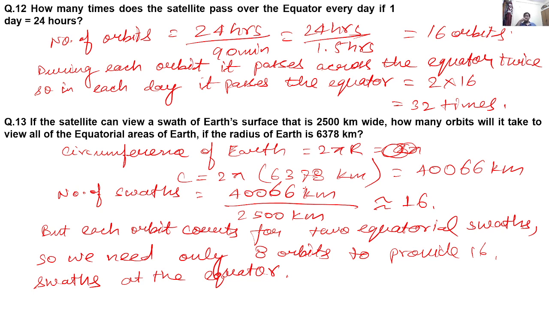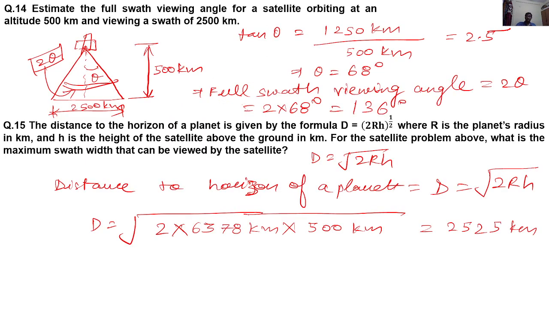And it is almost equal to the swath of the Earth's surface, which is 2500 kilometers, which we found from question number 13. It's just a coincidence, but it is almost equal, or it is the way these satellite orbits are actually designed.